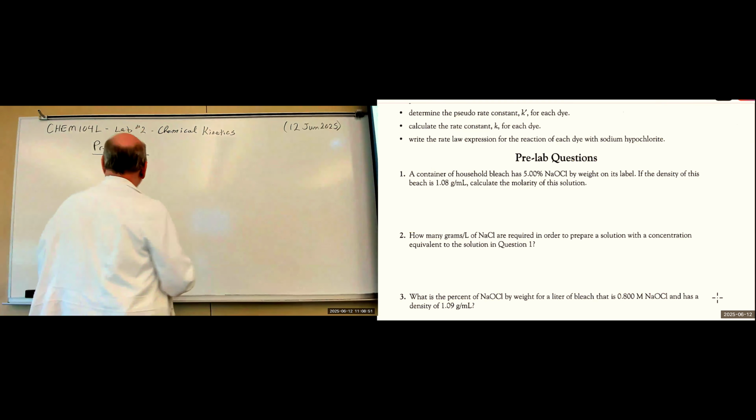Okay, sodium hypochlorite. Sodium is 23 in 2 decimal places, grams per mole. Oxygen is 16. Chlorine is 35.45, I believe. Yep.